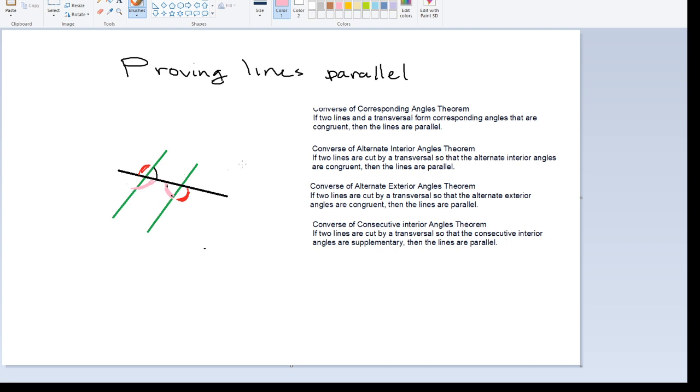Two of the things I want to go over with you guys is what we call the converse of the perpendicular transversal. I know that sounds hard, but it's very simple.